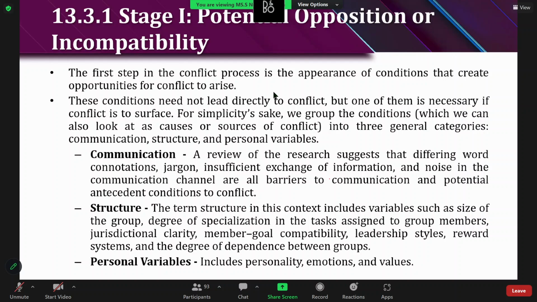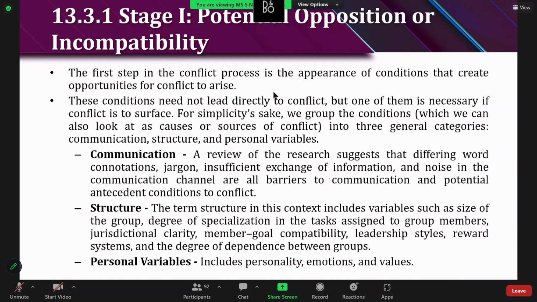One party possesses a huge amount of information, while the other party does not have the proper amount, or doesn't have the complete information. So when one party possesses more information and the other possesses less, there will be a chance for conflict to arise.